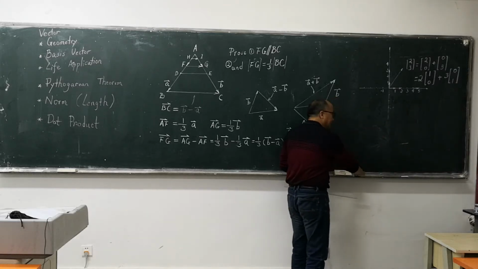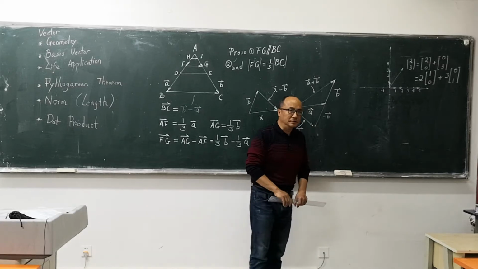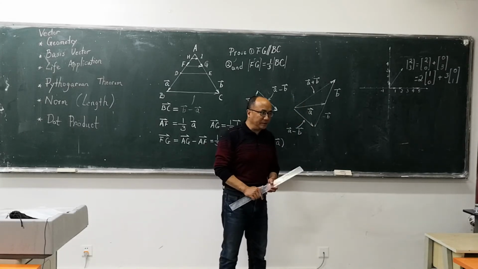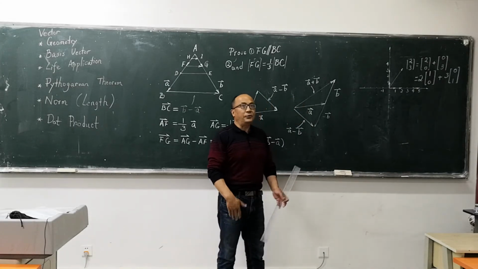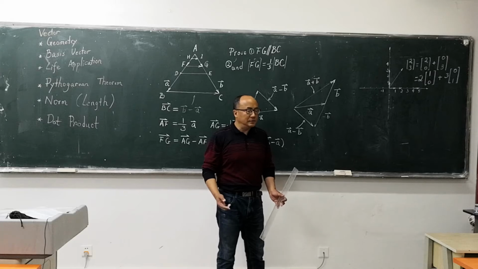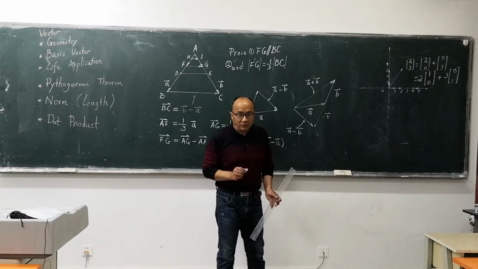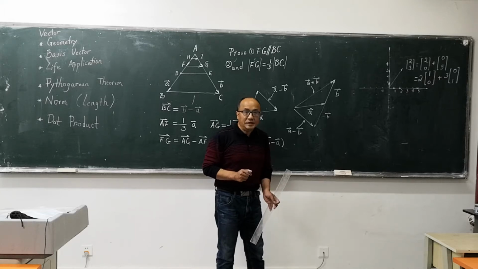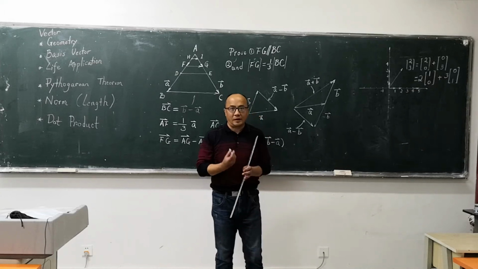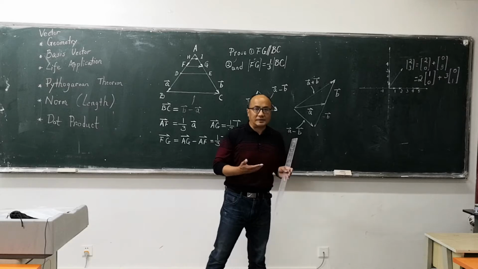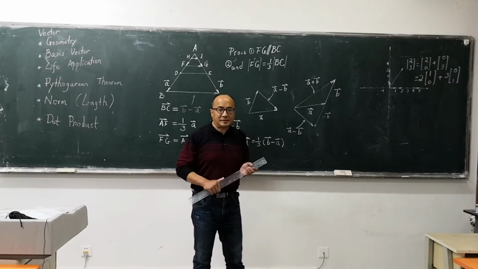It's like when we say something is 3 kilograms. We have a base. What is 1 kilogram? We need to know what is 1 kilogram. Otherwise, 3 kilograms doesn't make sense.